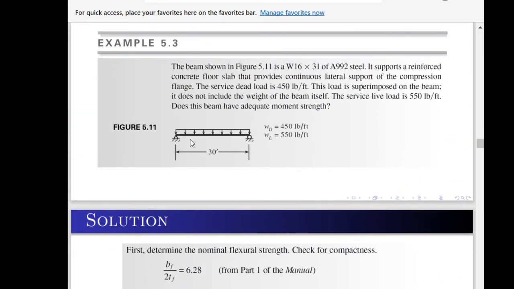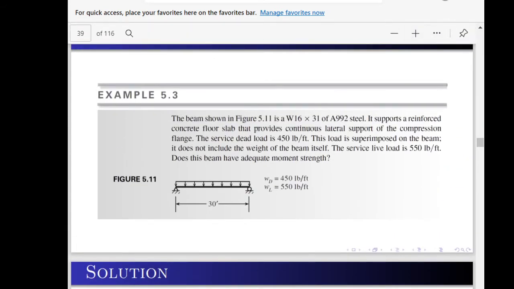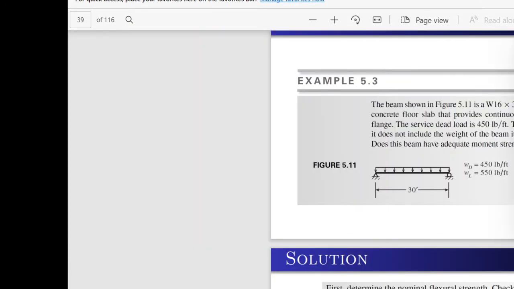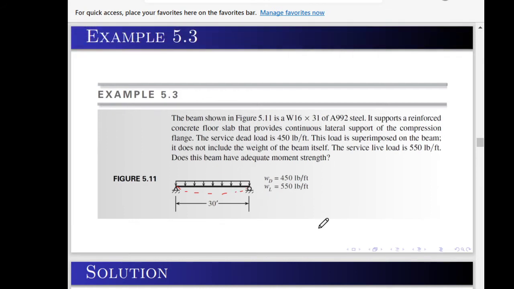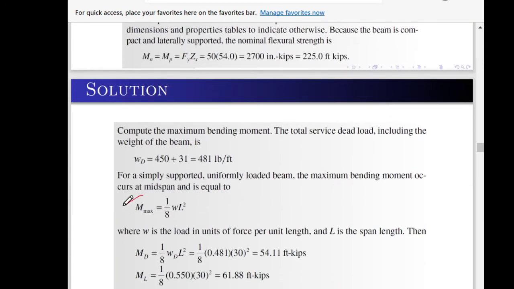If you know how to draw the shear and moment diagram, or through equations, you will find this value for the maximum moment at the midspan.